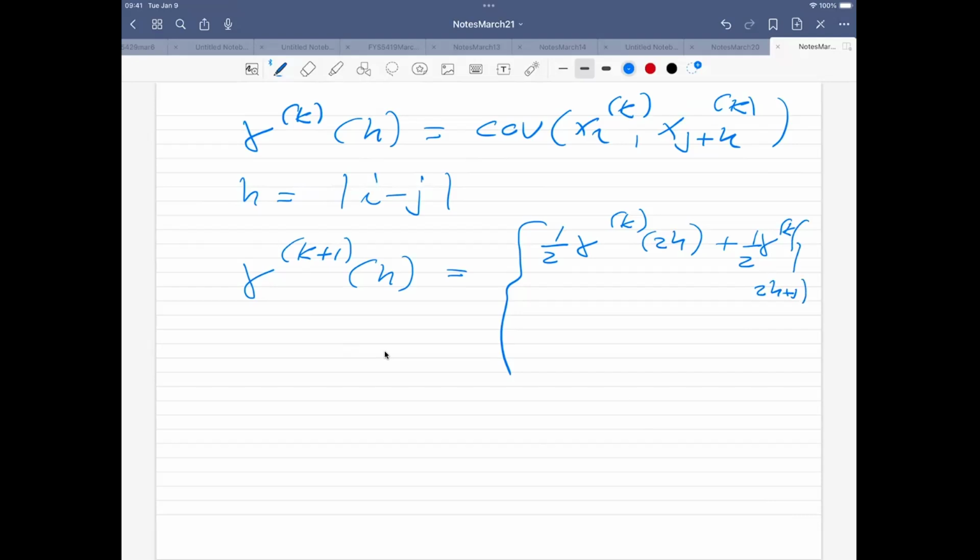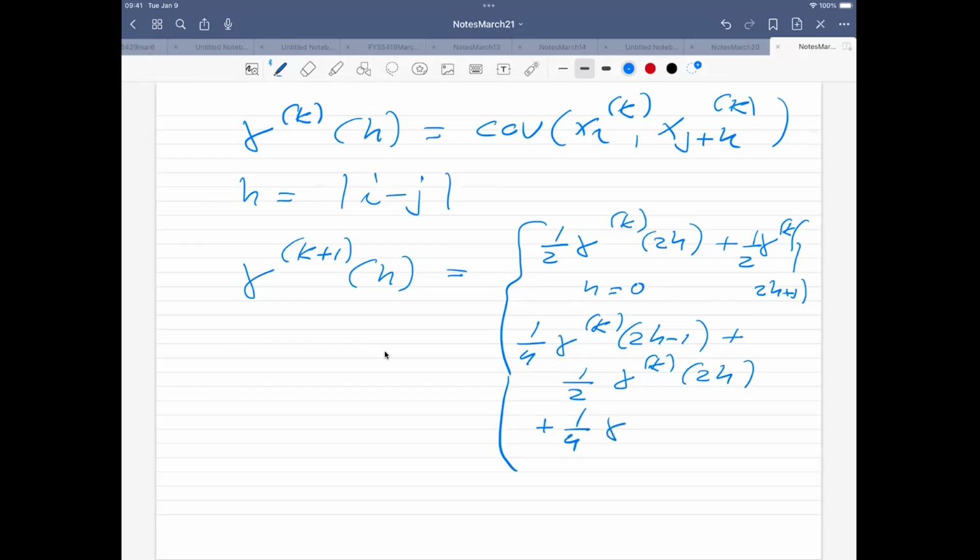In case h is 0, I have 1 divided by 4 of gamma of k, so I'm just stating the result, plus 1/2 of gamma of k of 2h plus 1 over 4 of gamma of k of 2h plus 1. So you can use previous results to calculate these quantities.